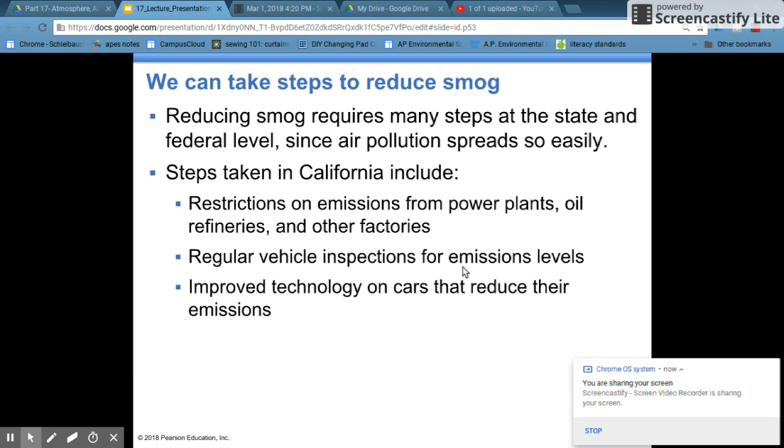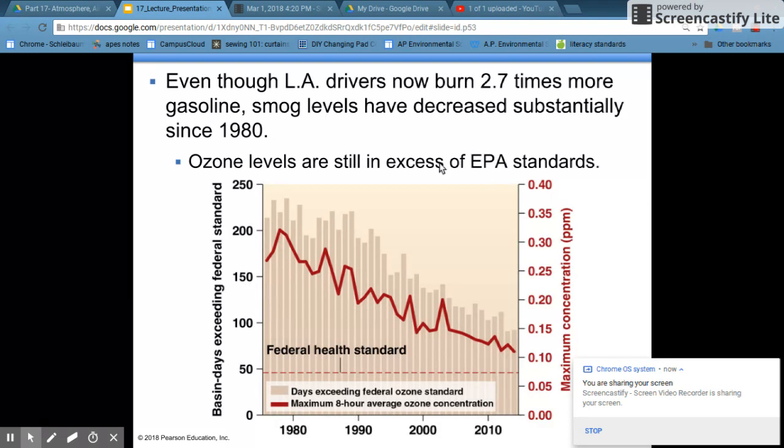And cars that are produced in the state of California must have very strict emission standards as well. Because of those standards that California put in place by themselves, they have seen a decrease in smog issues, but the ozone levels are still in excess.